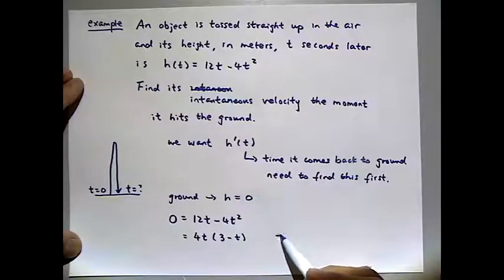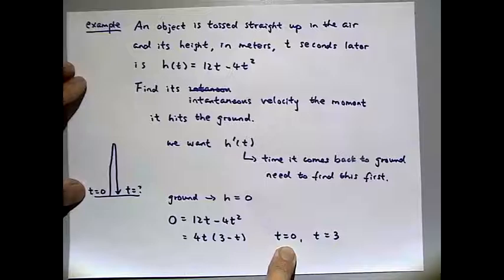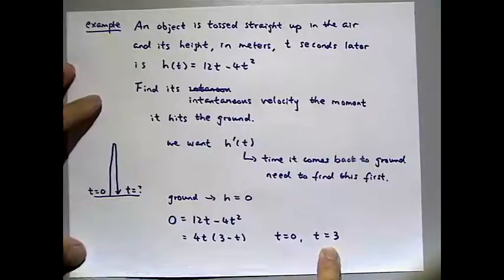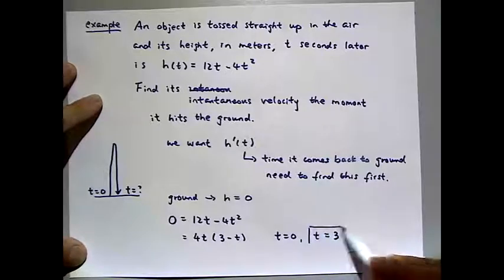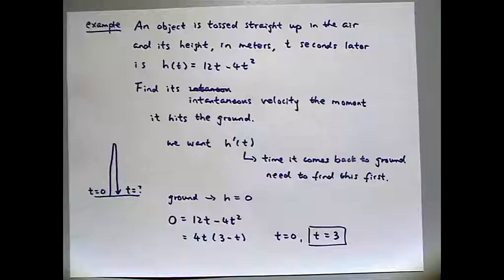So we see t is equal to 0 and t is equal to 3. That's when I threw the thing straight up in the air. So this must be when it comes back down. So it's this value that we want. Make sense?